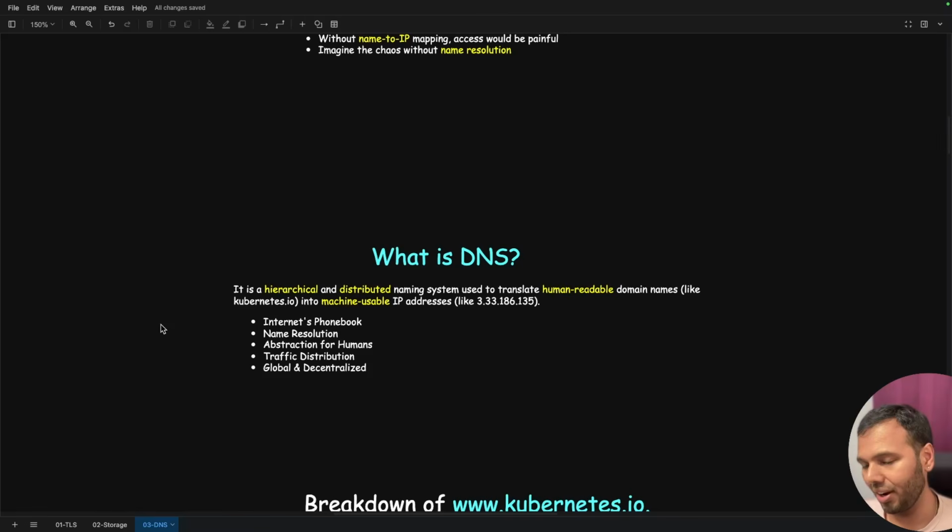Global and decentralized: it operates as a distributed system with caching, delegation, and fault tolerance. It is global because DNS as a system is across the globe. There is no specific country that is hosting all the DNS servers.